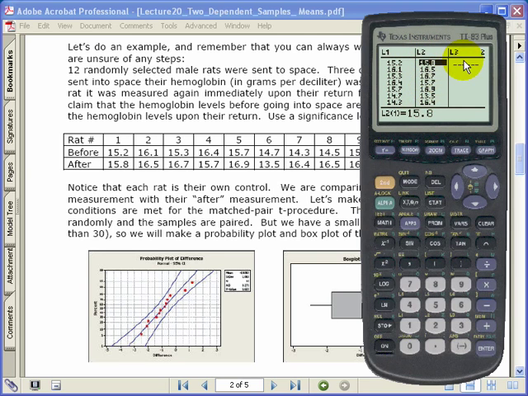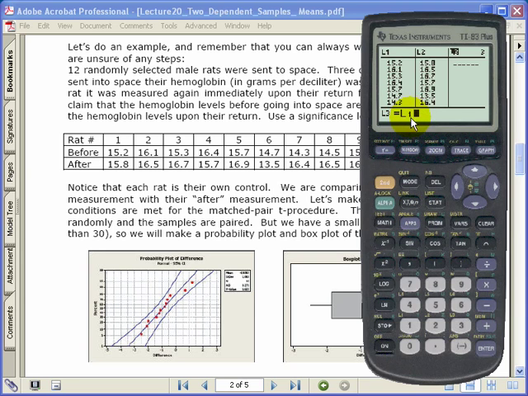What we're going to do is put the differences in L3. This is how we do it. I'm going to highlight L3 here using my arrow keys. With L3 highlighted, I tell it to take what's in list 1 and subtract list 2 from it. I press the yellow second key and then 1, and that puts in L1 here.